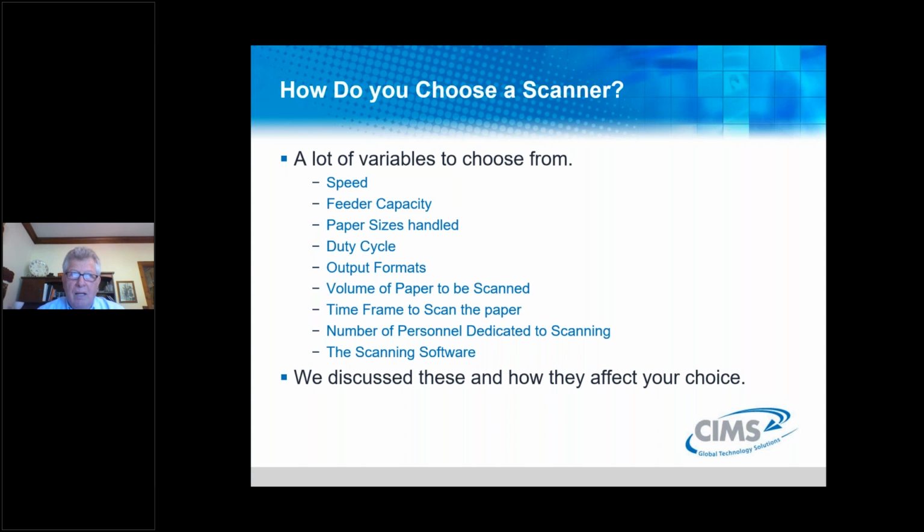So why buy a 60 page per minute scanner that can scan all the paper you have in 30 minutes and then let it sit on your desktop for 7 hours of the day? So one of the things I talk about is not overbuying the scanner so that you aren't spending a lot of money that you don't need to spend, but then making sure you do buy enough scanner to handle your job.